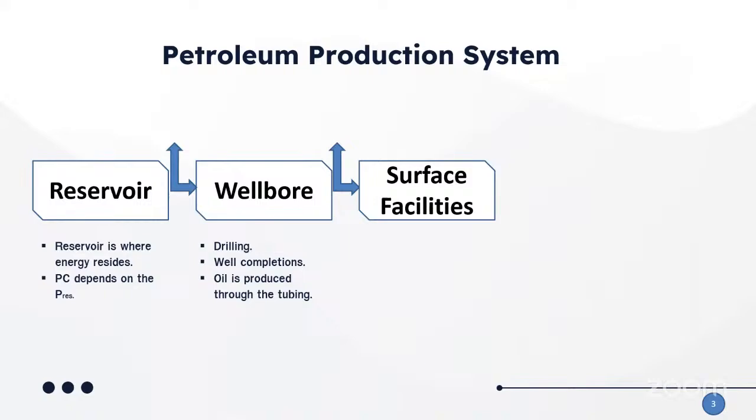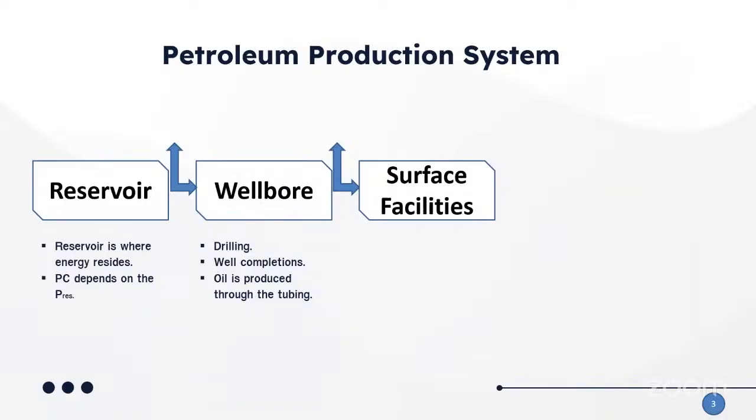Some people term casing and cementation as part of drilling, while some see it as a transition between drilling and completion, whichever way you see it. It's very important that there must be casing and cementation. I believe most of us have the basic knowledge of this and why we need to do that, so I won't be going deep into it.